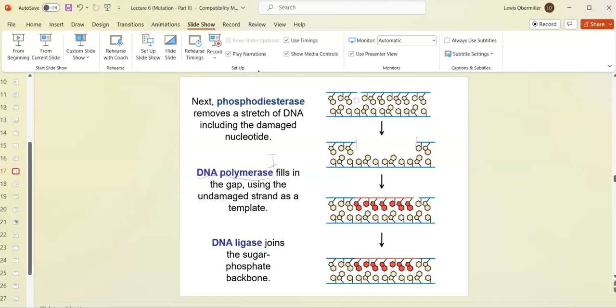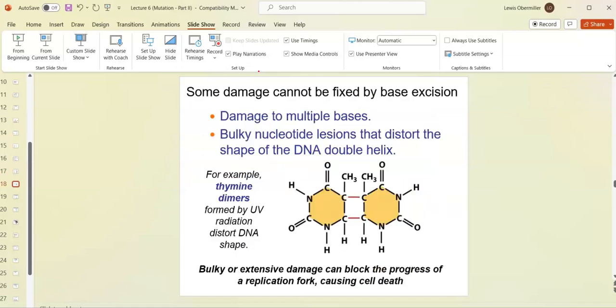We talked about this before. The same polymerase that removes the nucleotides and does the excision repair. And then DNA ligase. Remember, DNA ligase has to join the gap because no polymerase can do that. So those are the enzymes involved in it.